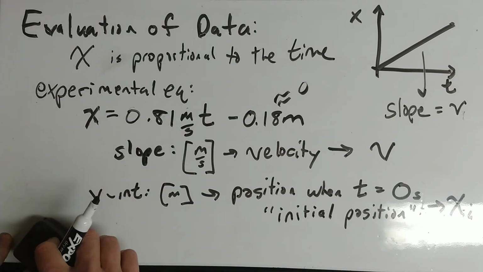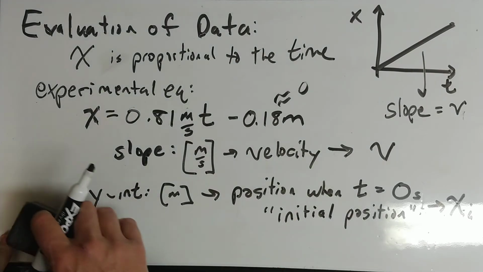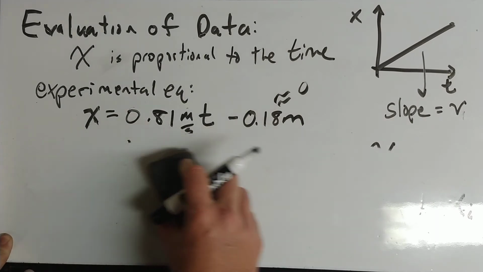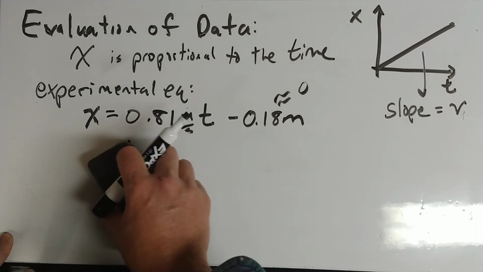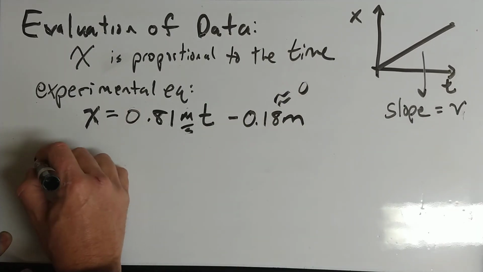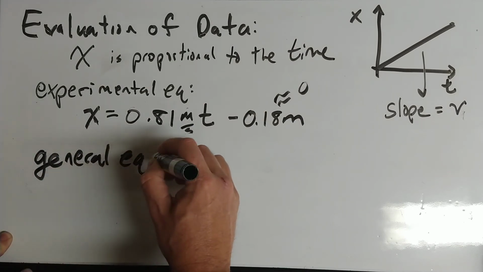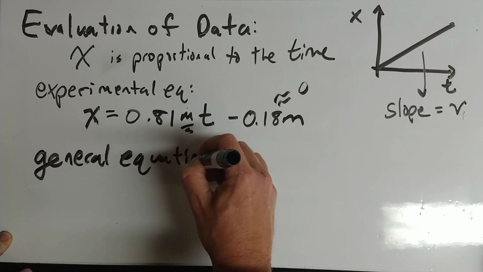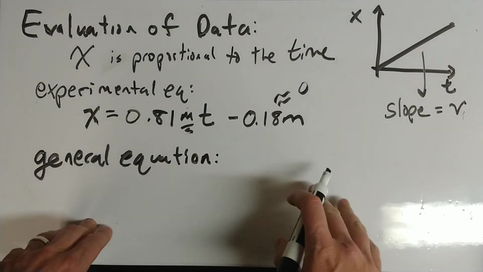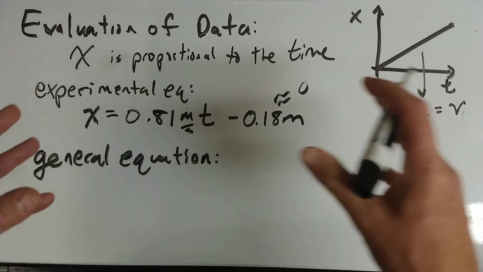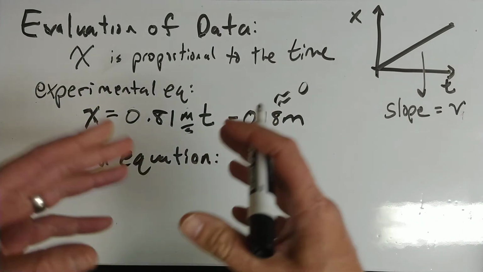Well, now we're going to write the general equation. So we have to remember what we just wrote. You can always go back. The general equation is what we put in our conclusion. This is like the overall results of the lab, the general result.